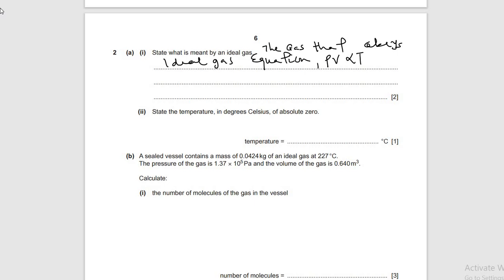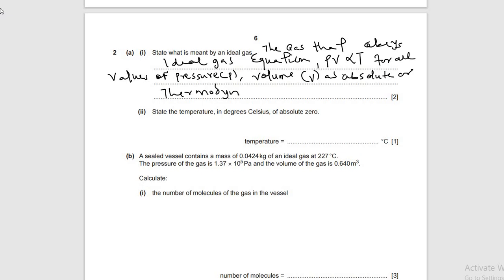But you must tell them the meaning of P, V and T for all values of pressure, which is P, volume for all values, which is V, and absolute or thermodynamic temperature, T. You have to tell them the meaning of all the values you put in the equation.